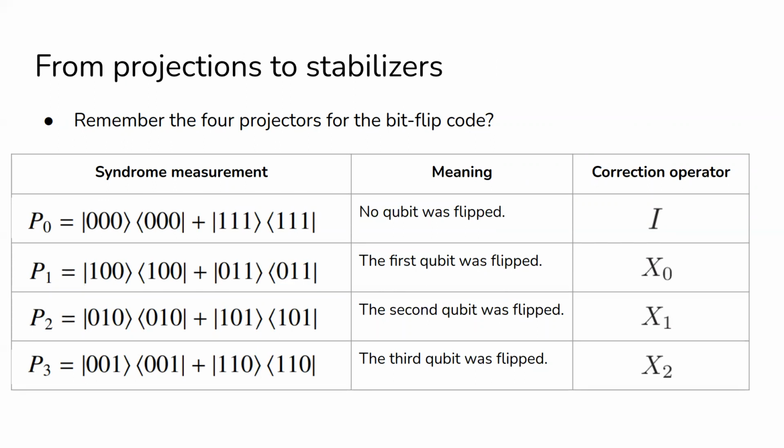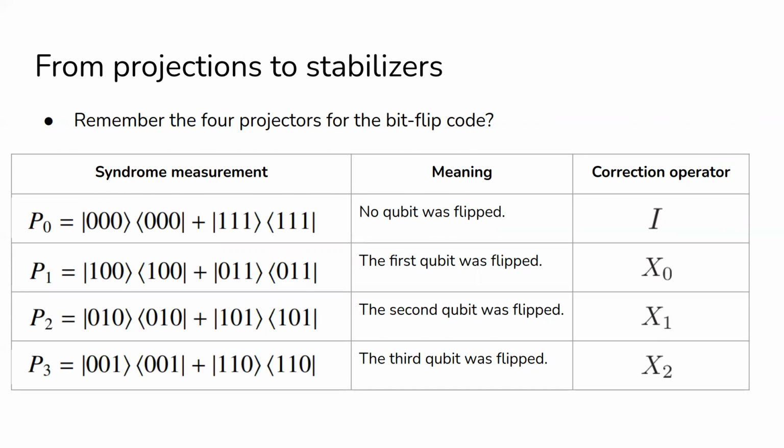But in practice, when you analyze these things, you always use what is called the stabilizer formalism. It's related to the projections in the following way: we're not going to measure these projections anymore, but we're going to measure stabilizers. And that's going to tell us the same information as what these projectors are intuitively telling us.